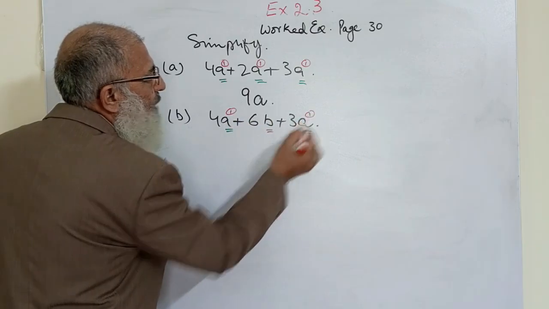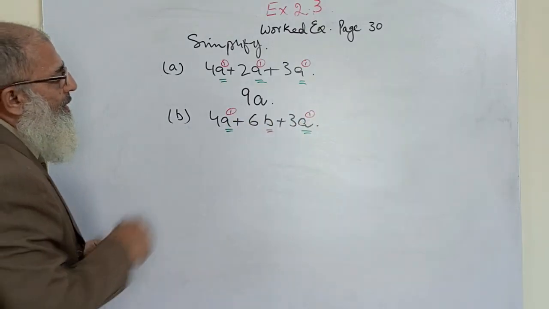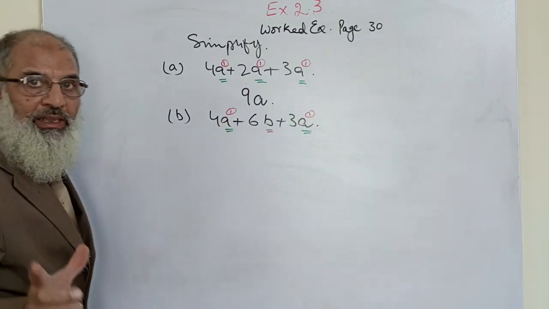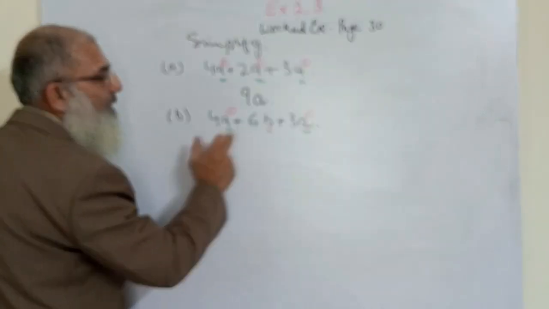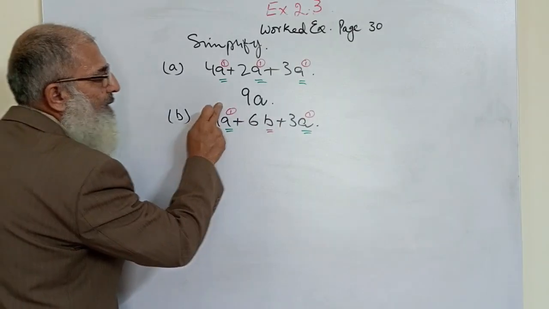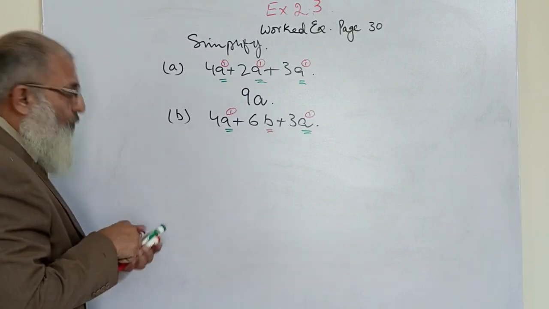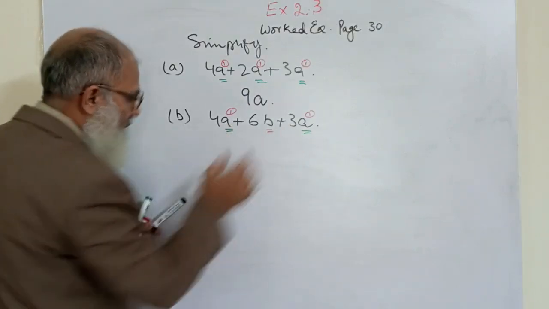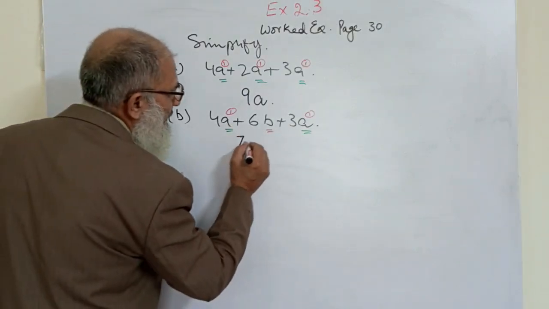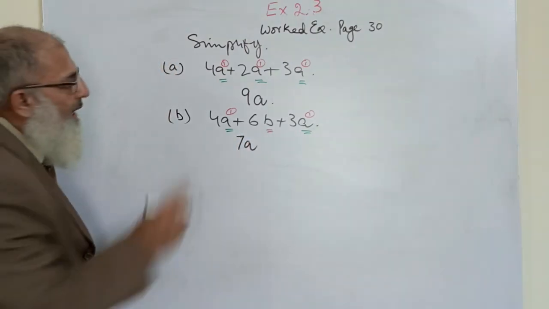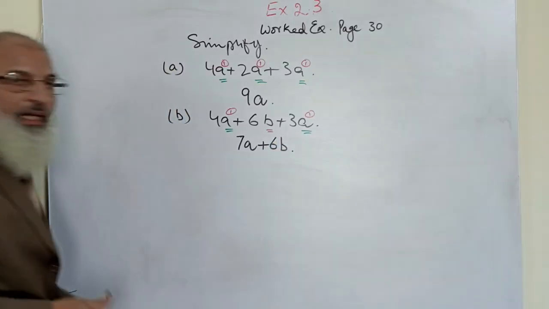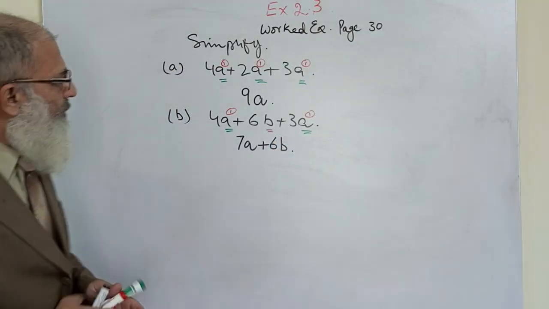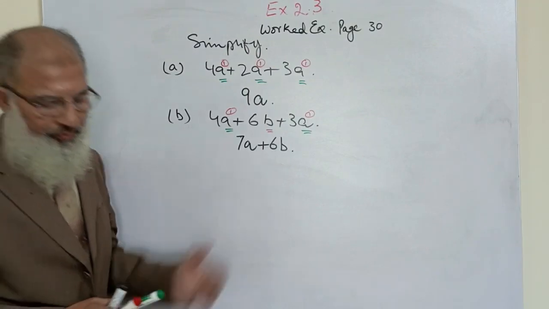It is 1, it is 1 again. Both conditions are satisfied. So the variable is a, index is 1, index is 1. Go for addition for only these two terms. So it will become 7a, and leave this 6b as it is. Now the addition is completed.